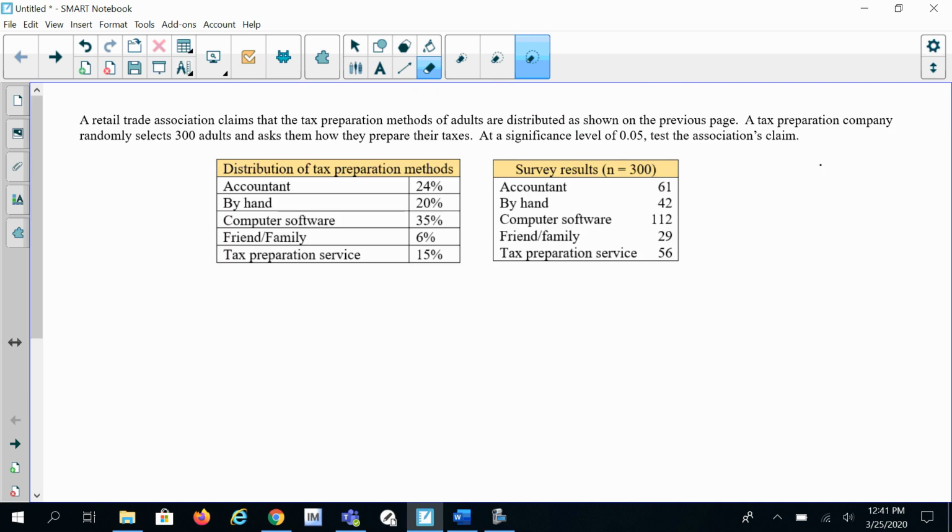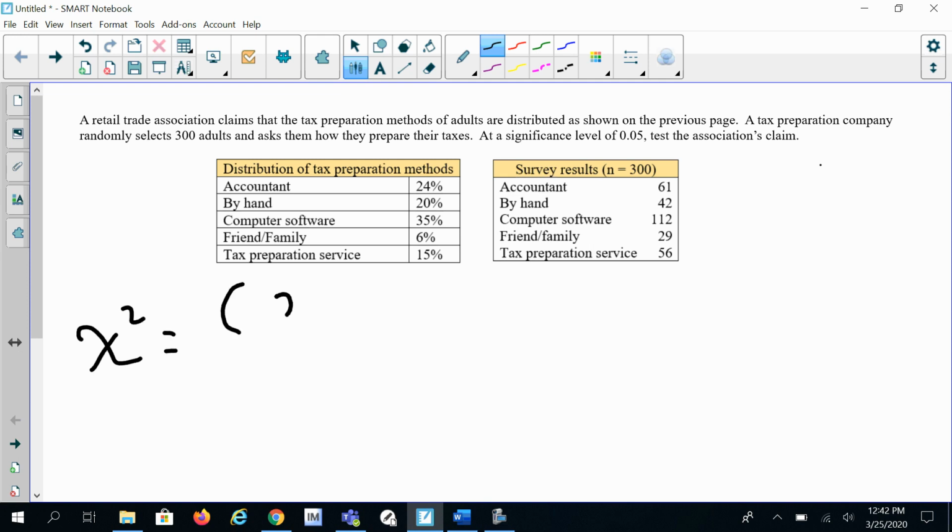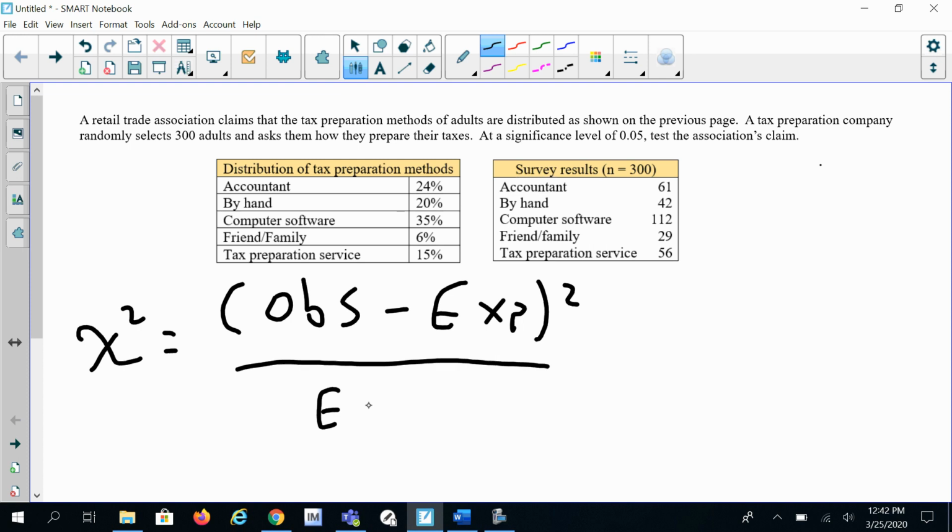All right. So our chi-square statistic is calculated in the following way. Chi-square is equal to the observed minus the expected, squared, divided by the expected. And then we take the summation of that.